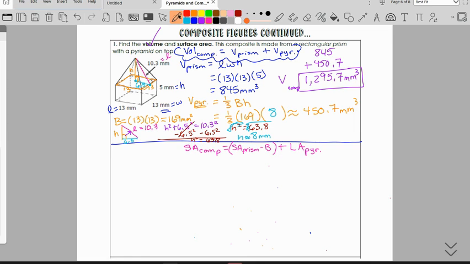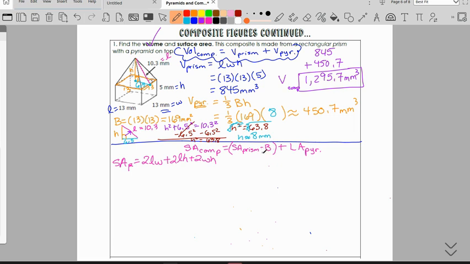So if I want the surface area of a rectangular prism, remember that formula says the surface area of a prism is 2 length times width plus 2 length times height plus 2 width times height. Well, that first length times width is our base, and there were 2 of them originally, but we said we want to subtract one of our bases.